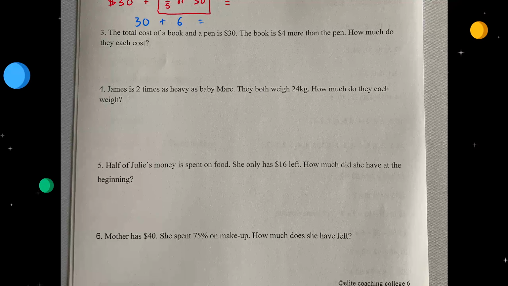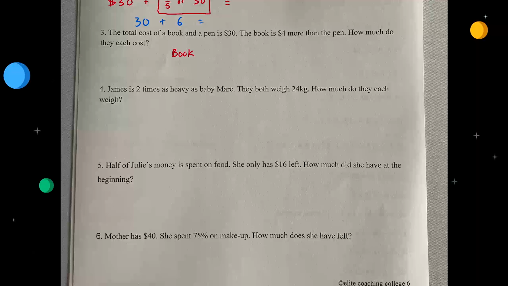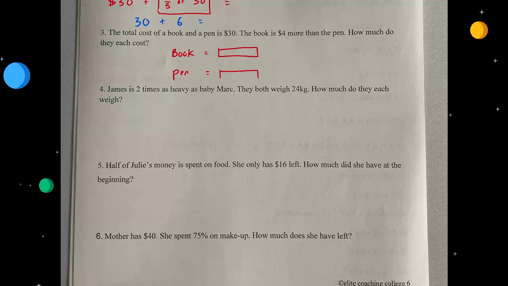So you got question mark, that's for the pen. Oh whoops, I think I wrote it backwards. The book is more than a pen. This is the pen, my bad. And this is the book. So the first one will be your pen. Now plus the book is question mark plus 4. And all of that equals 30.